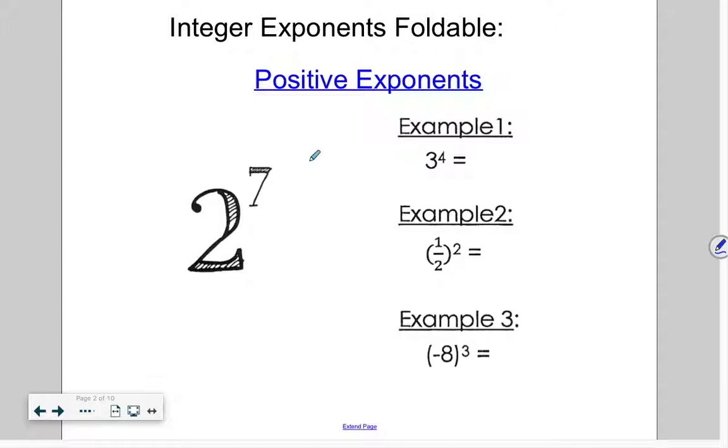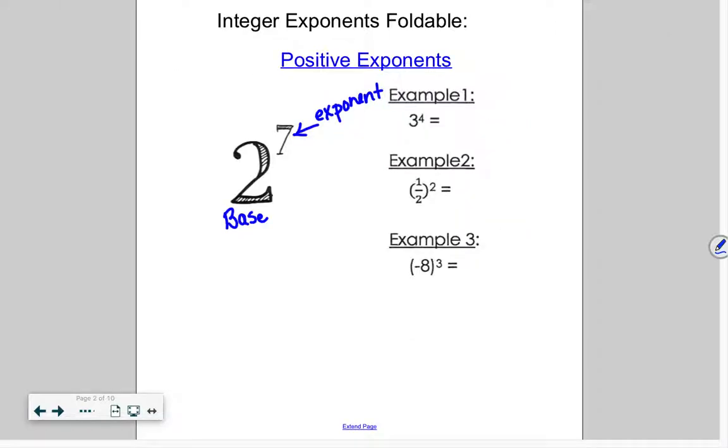So if I have 2 to the 7th power, remember this 2 is your base. The 7 is your exponent. The large number is your base. The small number is your exponent. So what does 2 to the 7th power actually mean?